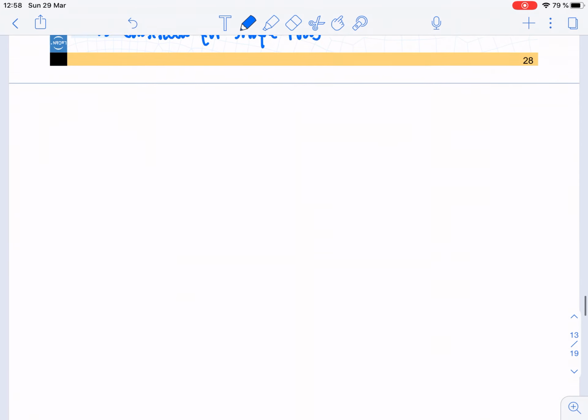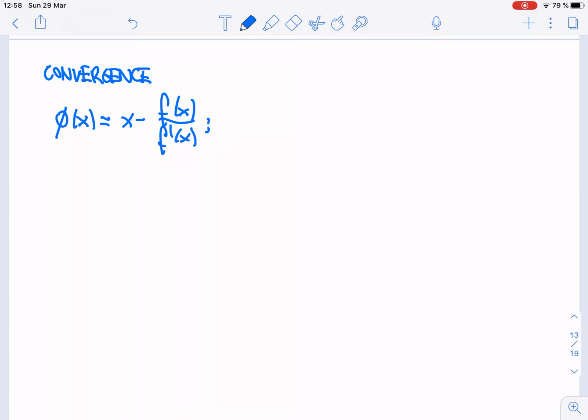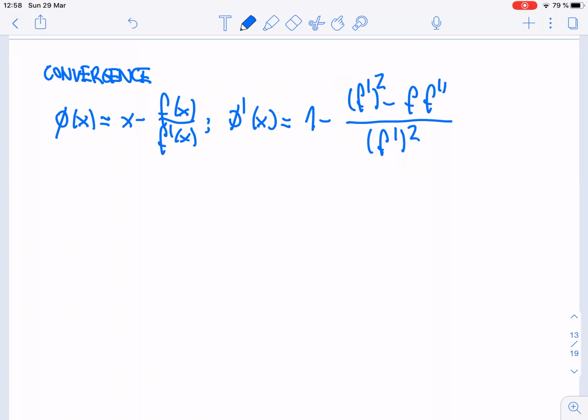Now, what about convergence? So, if phi is x minus f over f prime, we need to differentiate this to obtain 1 minus f prime squared minus f times f second derivative, over f prime squared.